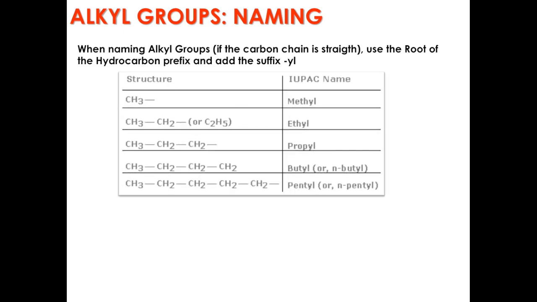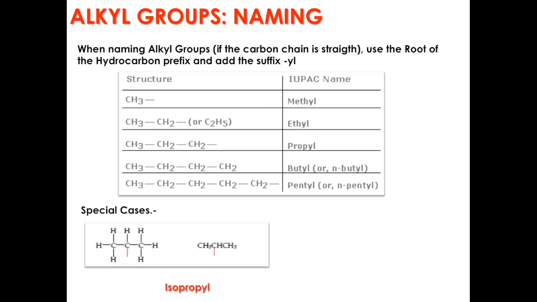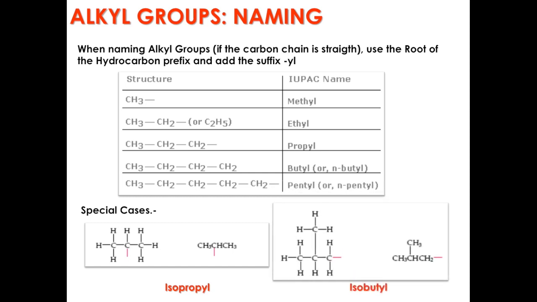For methane it is methyl, for ethane ethyl, propane propyl, butane butyl, and finally pentane pentyl. There are special cases. If propane is bonded not at the end of the chain but in the middle of the chain, it is called isopropyl, and it's a similar case for isobutyl.